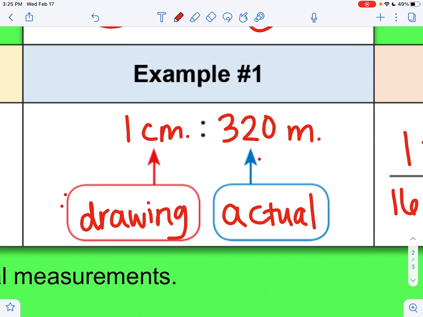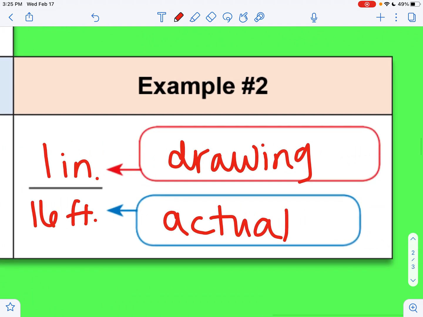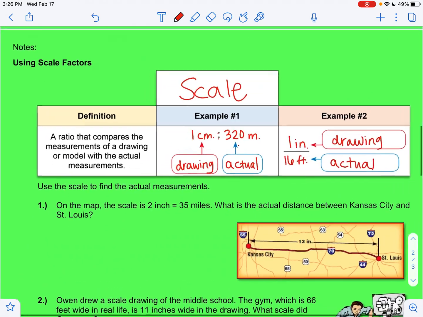So there's one example of how you could see it, written as a ratio with the colon. Another example is you could see it written as a fraction. That's probably the way that you'll write it when we solve them. So our 1 inch is the drawing. If you drew it, it's only 1 inch. But if you built it out, it's actually 16 feet.